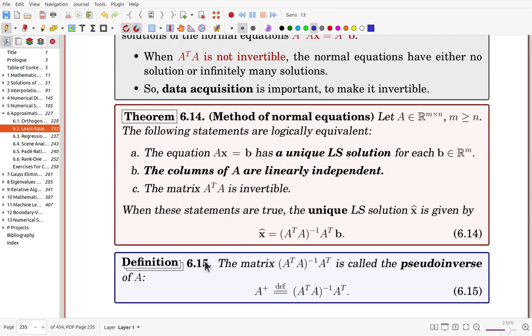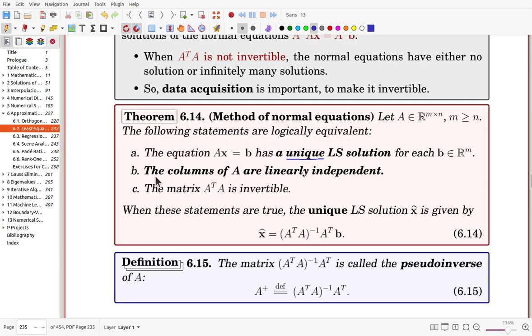Now we have a theorem for the method of normal equations. Let A be an m by n matrix, with m larger than or equal to n. Then these three statements are equivalent. The equation Ax = b has a unique least squares solution for every possible b. That's the first statement.